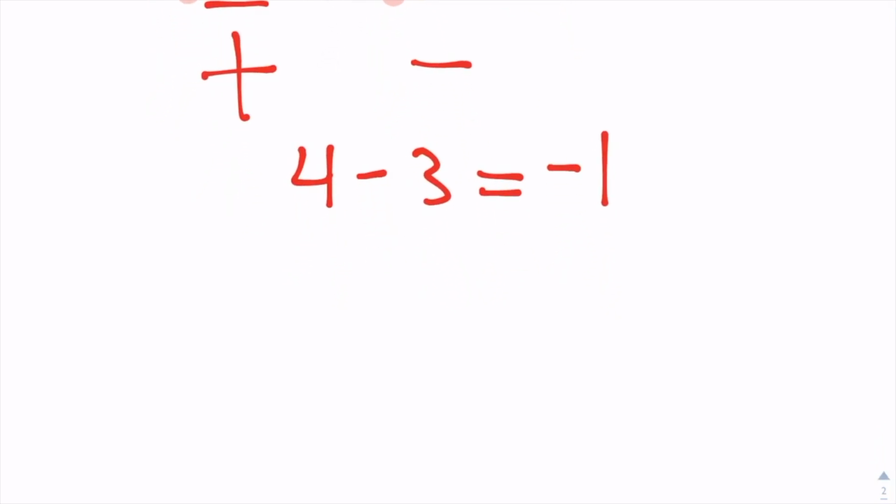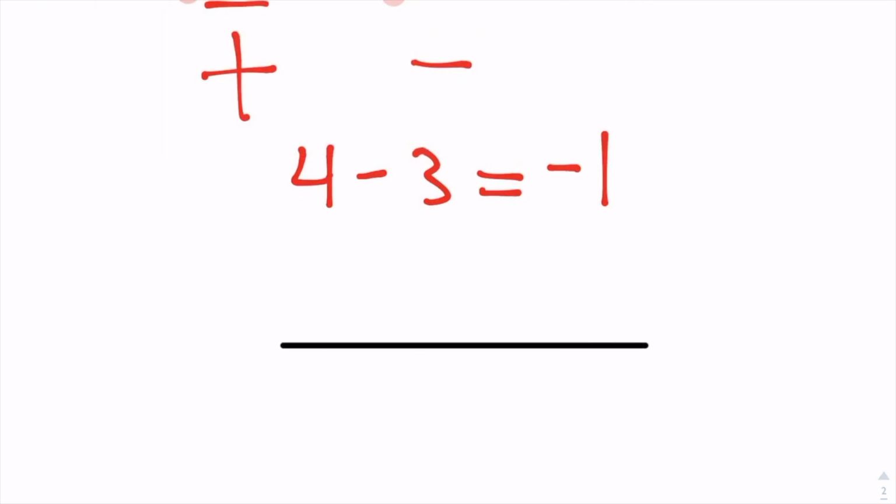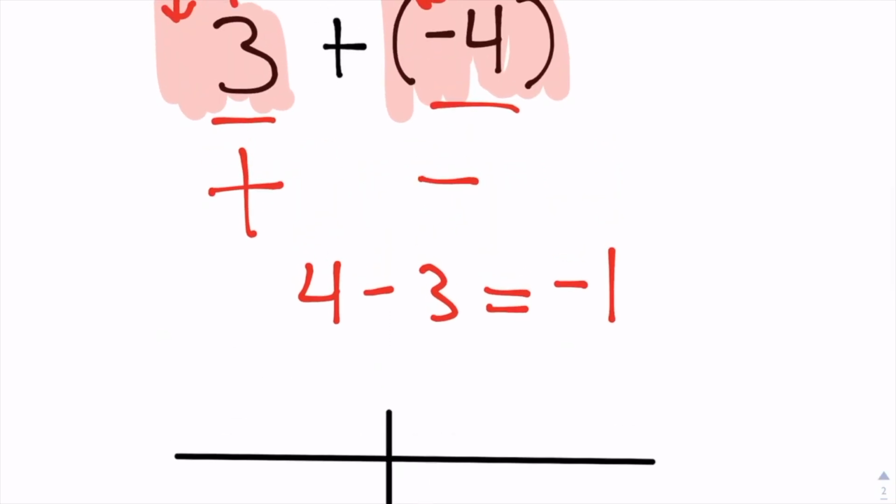Now let's take a look at it on the number line. We'll put 0 in the middle. It told me to go out 3, so 1, 2, 3.